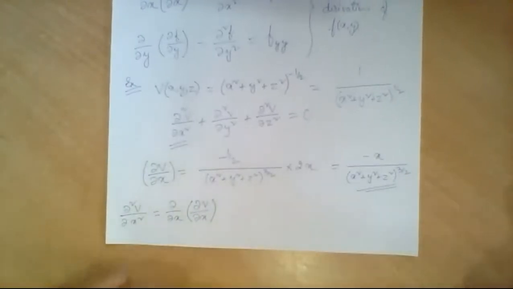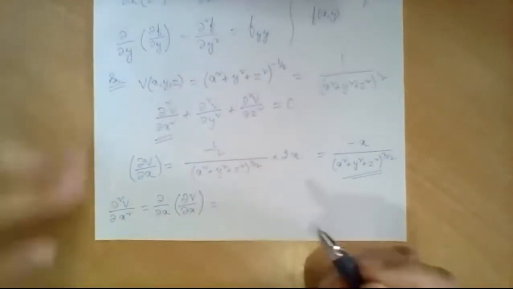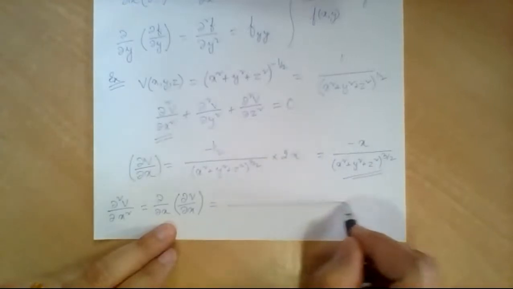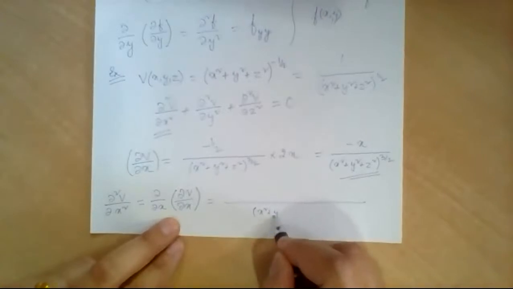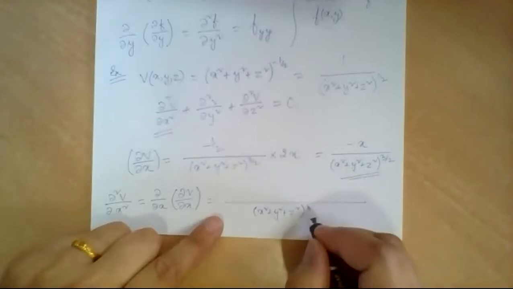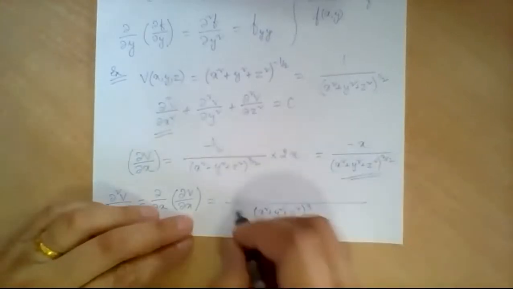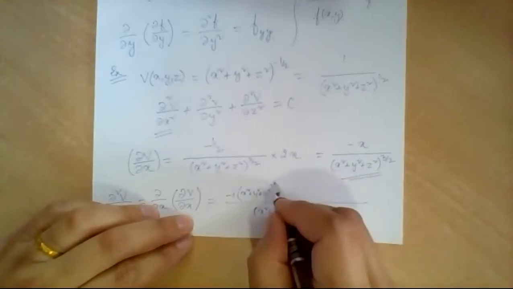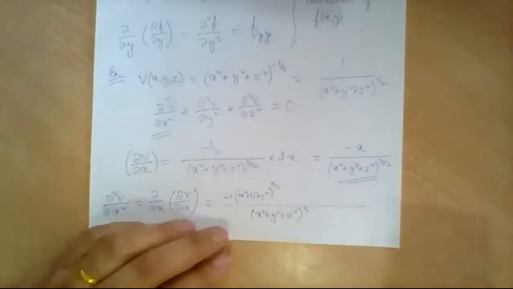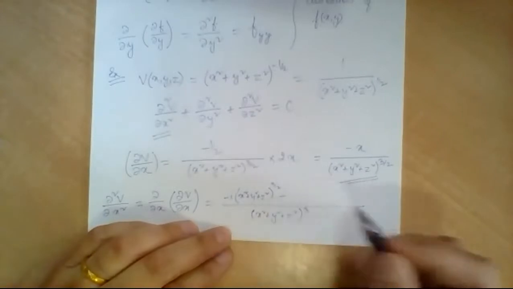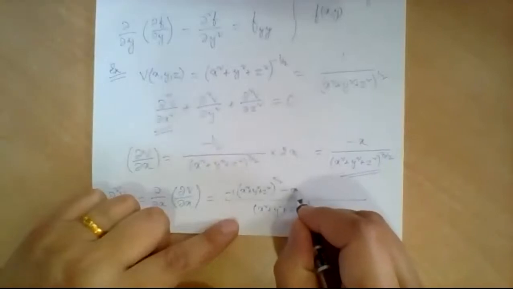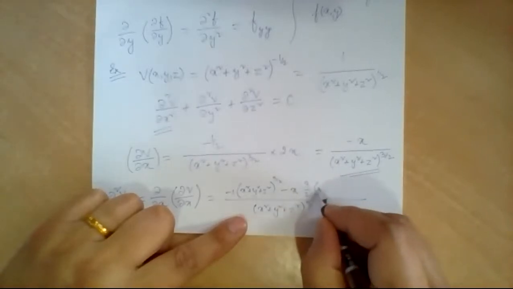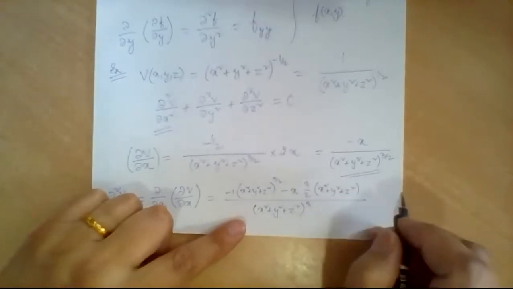This is the partial derivative with respect to x of minus x divided by x square plus y square plus z square to the power 3 by 2. Using the derivative, we get minus 1 multiplied by this function, then keep this x and differentiate the denominator.